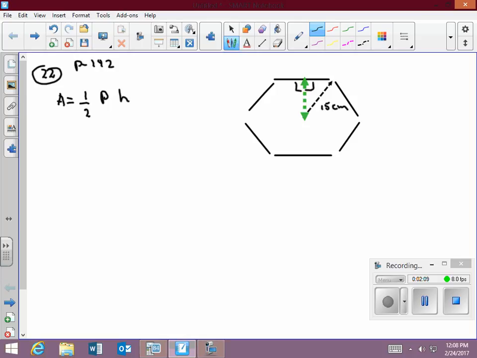It's the perpendicular to one of the sides, and that's the H. This is that H.